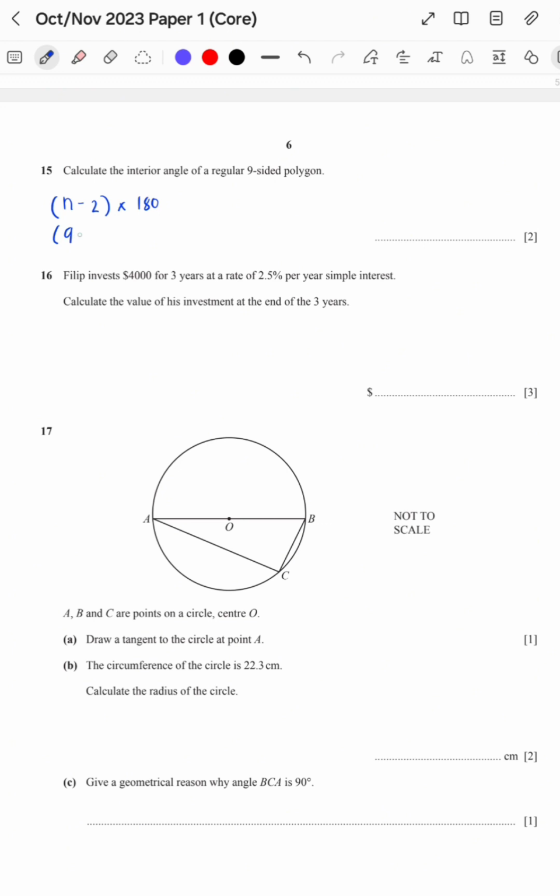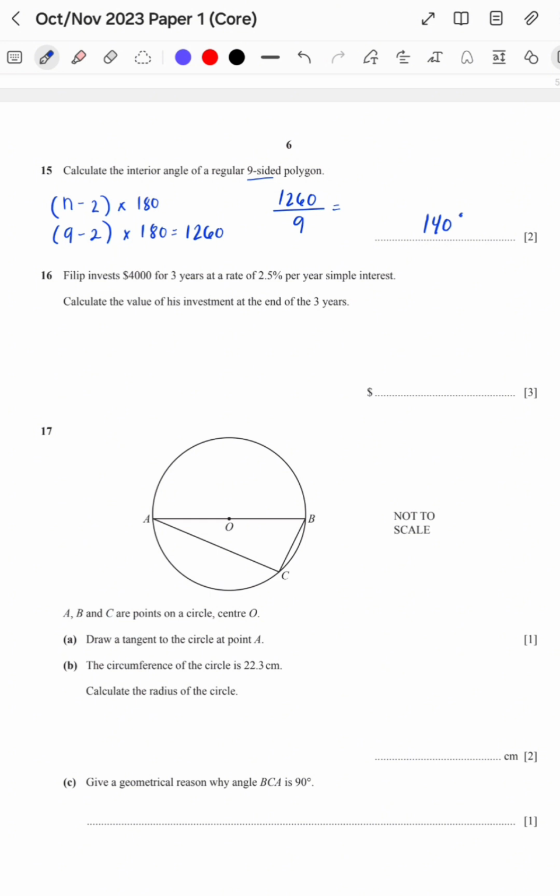So that's 9 minus 2, or 7 times 180. You can use your calculator. 1260. 1260 divided by the 9 sides. This will equal 140 degrees.